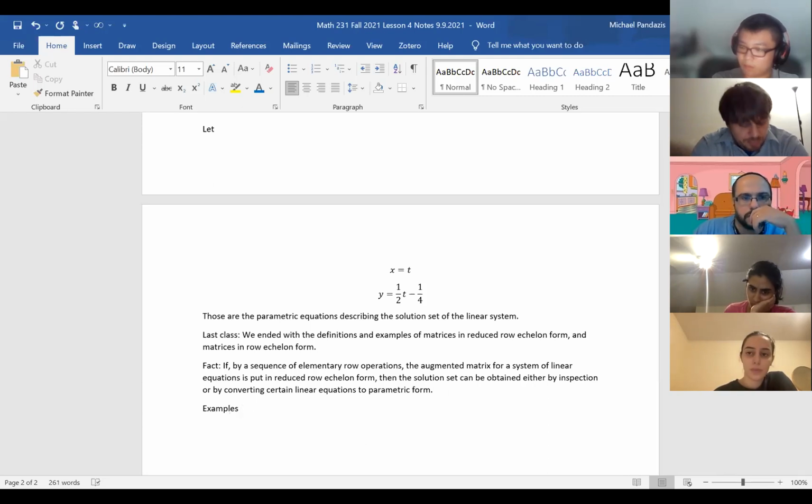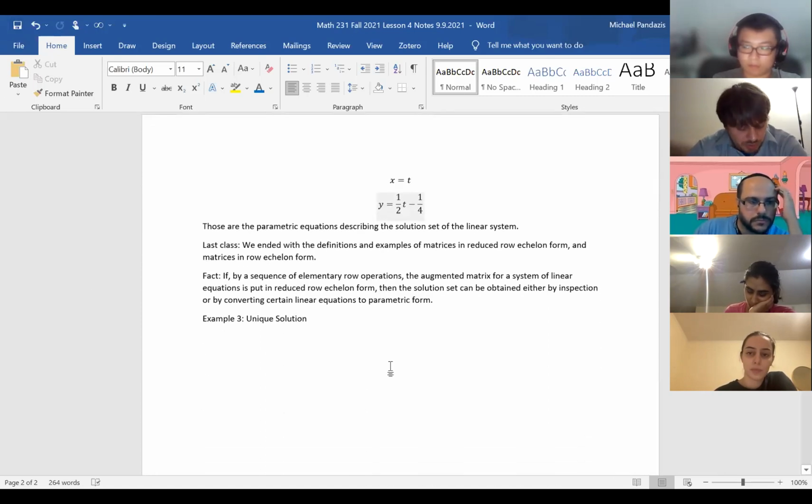So let's look at example 3. This example has a unique solution. We're going to use this process and we're going to get exactly one solution for a linear system.